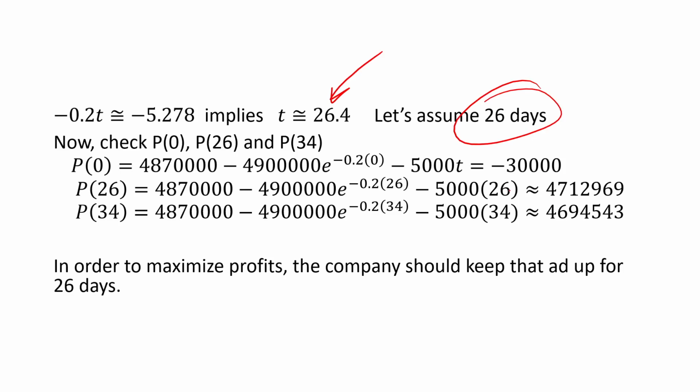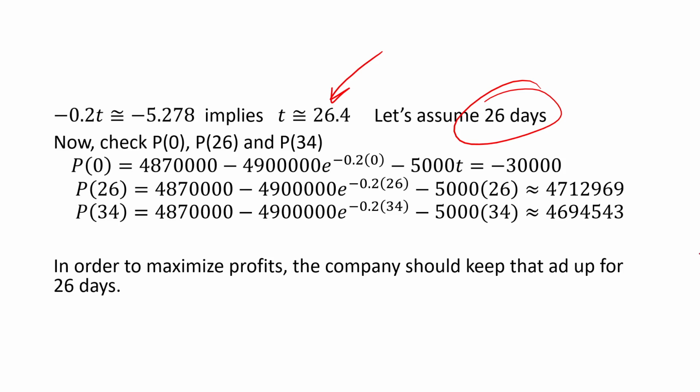So now we're going to determine the profit formula at 0 days, 26 days, and 34 days. Well, if we run the ad for 0 days, our profit will be negative 30,000, which makes sense. It took $30,000 to actually make the ad. So if we did all that work but then never ran it, we'd lose money, negative 30,000.